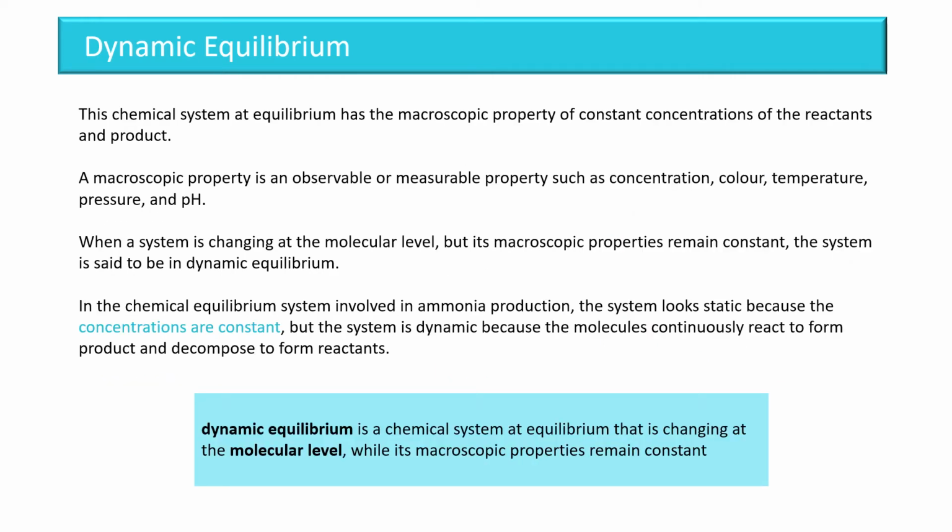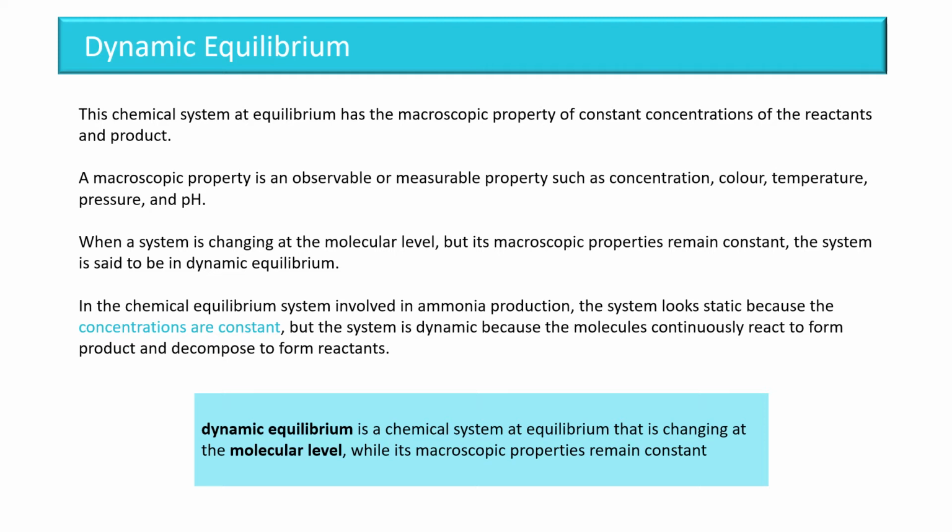This chemical system at equilibrium has the macroscopic property of constant concentrations of the reactants and product. A macroscopic property is an observable or measurable property such as concentration, color, temperature, pressure, and pH.